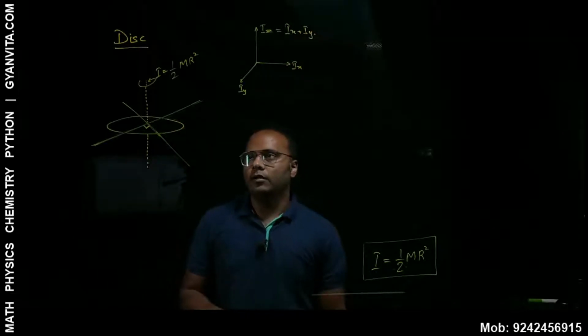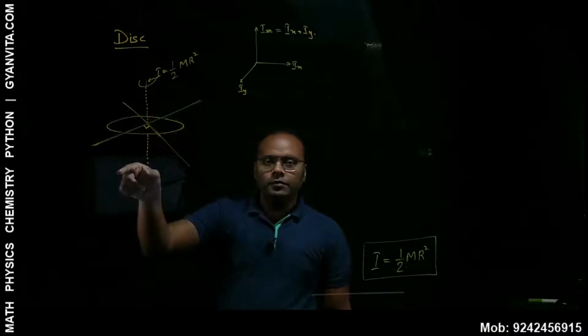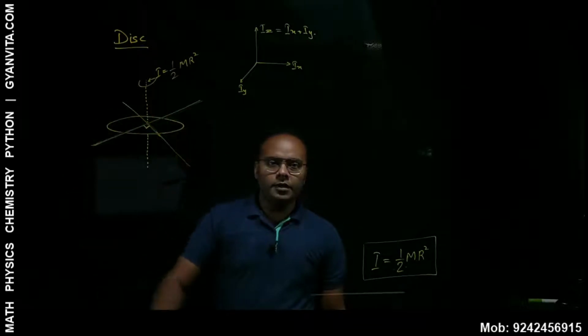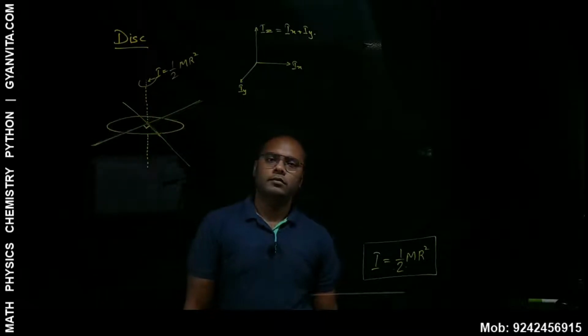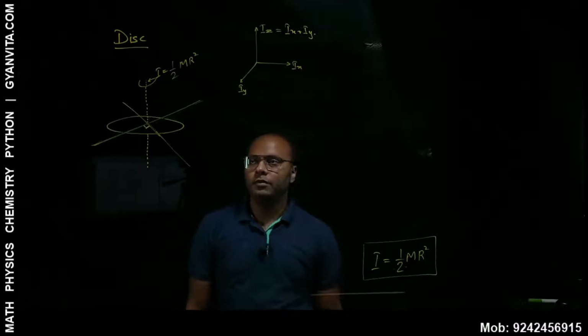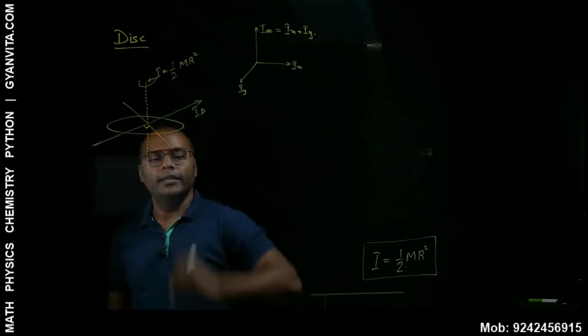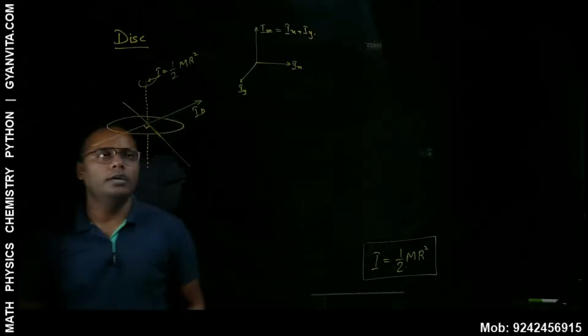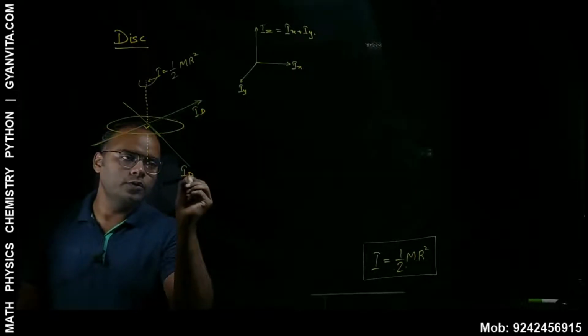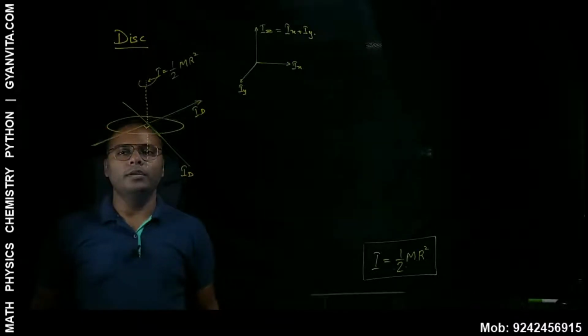Now by symmetry we can say that if I choose any diameter of this disk, the moment of inertia will be the same. Suppose this is Id, the moment of inertia along a diameter, and this will also be Id, and these two are perpendicular.